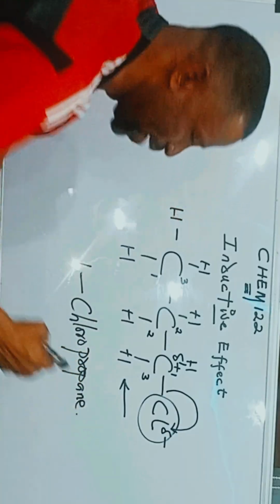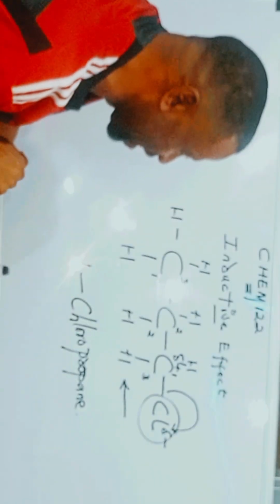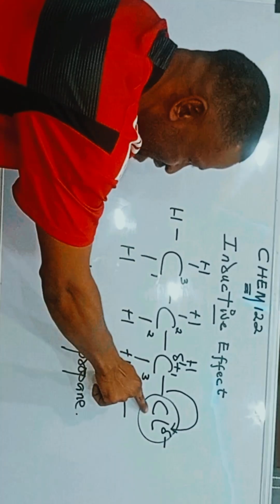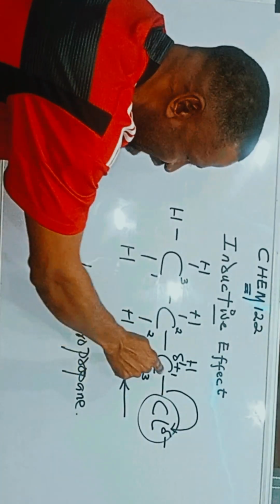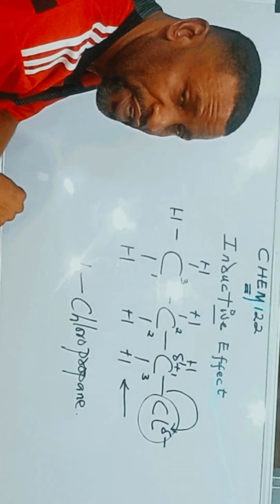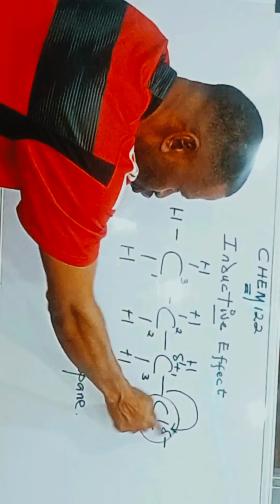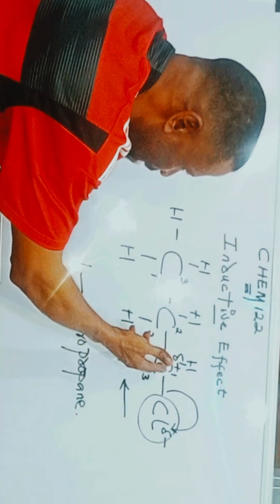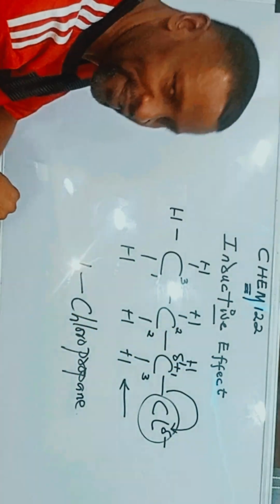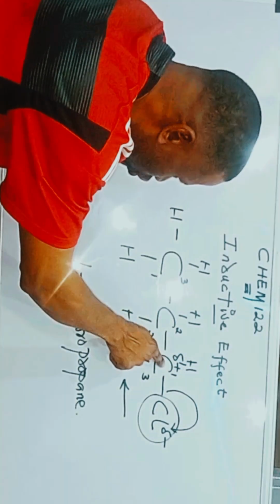Let's progress. Chlorine here is more electronegative than carbon and receives a fair share. Those electrons have been shared to form this bond. It will shift the electron density towards itself to develop a partial negative character, leaving this carbon with a partial positive character. Once this carbon 1 develops a partial positive character, it will shift the electron density. Remember, the electrons are negatively charged.